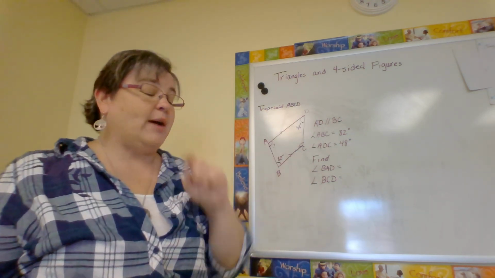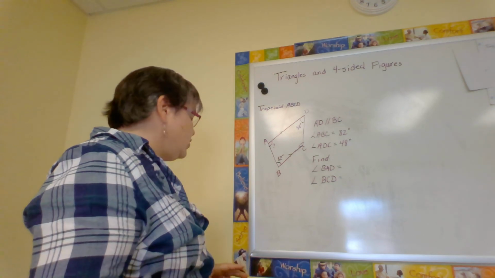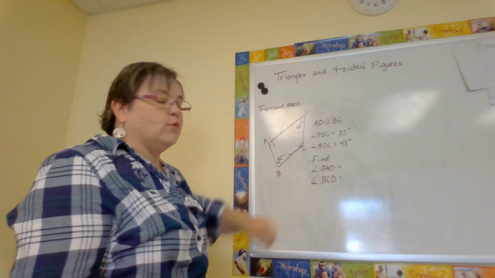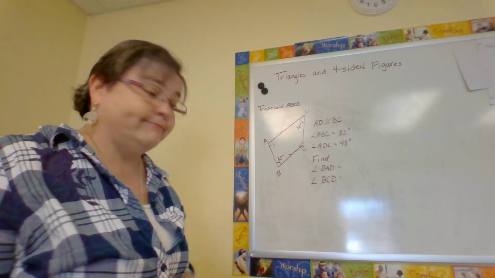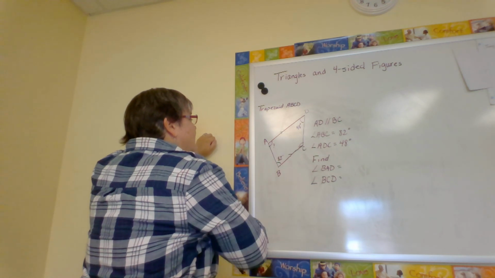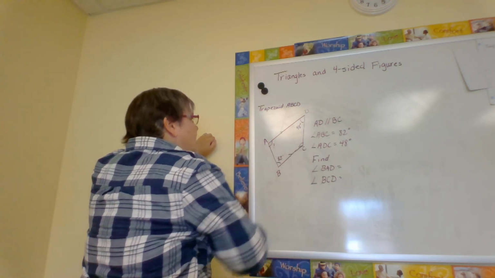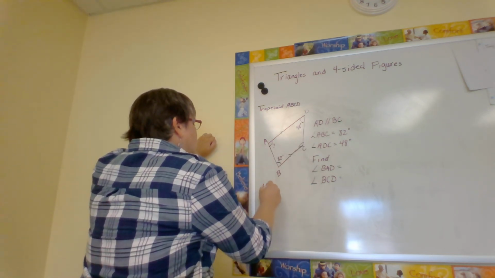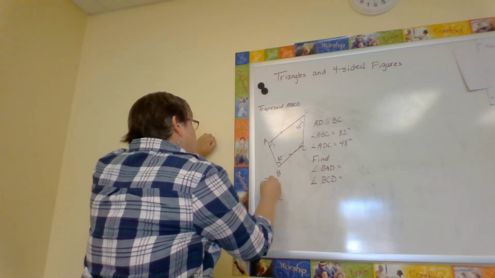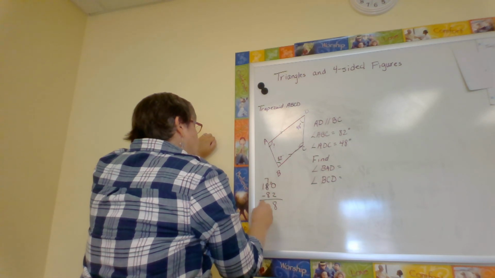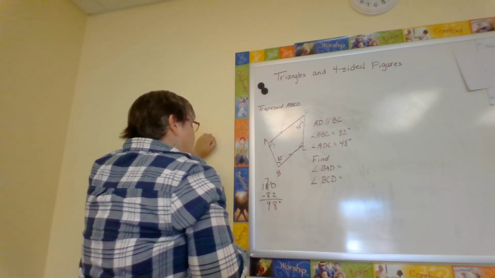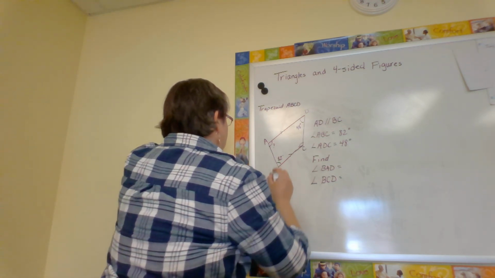Now, because it's a trapezoid, we know each pair of angles between parallel lines have to equal 180 degrees. So all I have to do then, these two angles have to equal 180. These two angles have to equal 180. So 180 minus 82 gives me 98 degrees here.